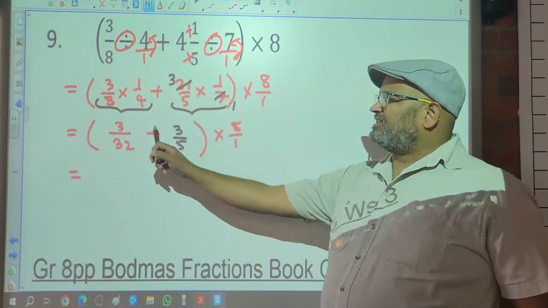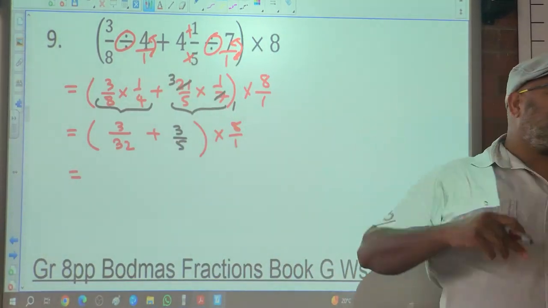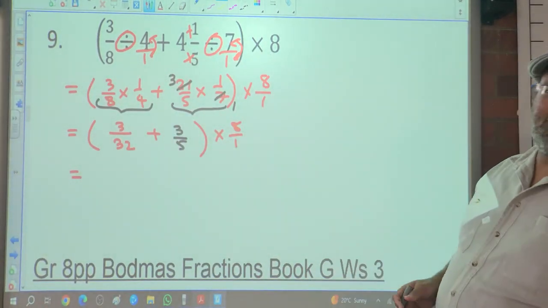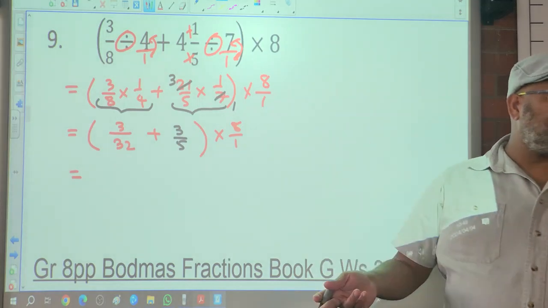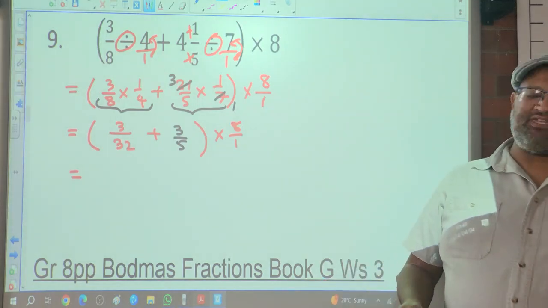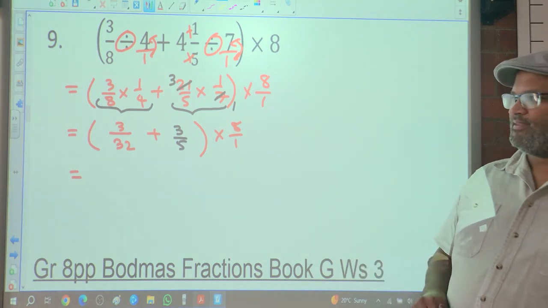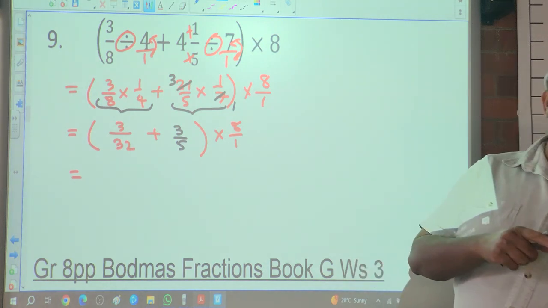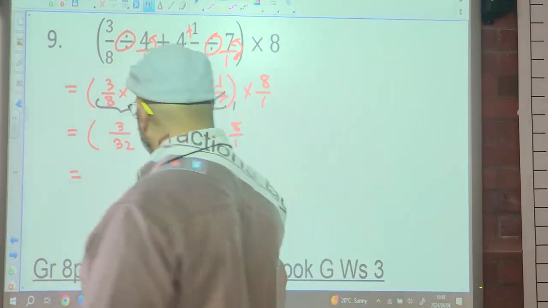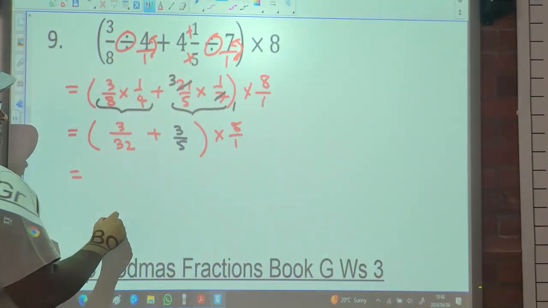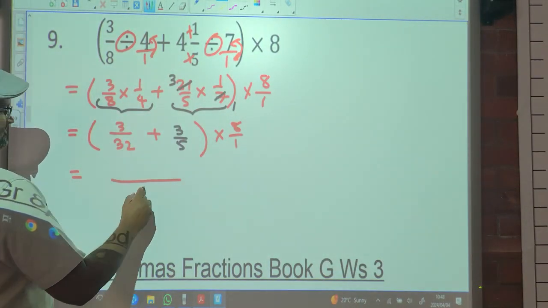Right, that's 5 going into 32? No, neither would it go into 64. Neither would it go into 96. Neither would it go into 128. But it goes into 160.